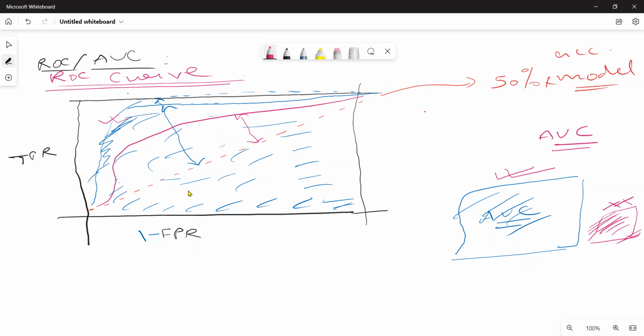Is this theory part clear to everyone? Okay, so that wraps up the theory of logistic regression.